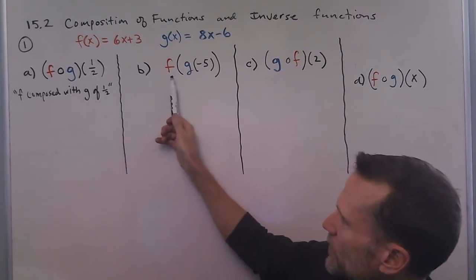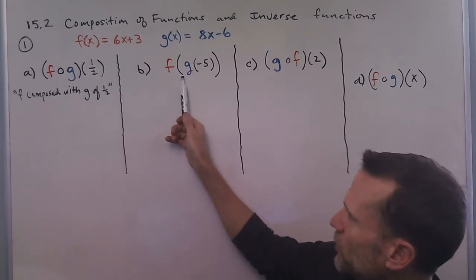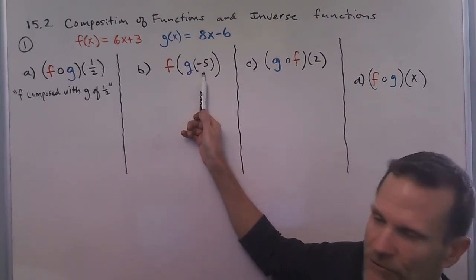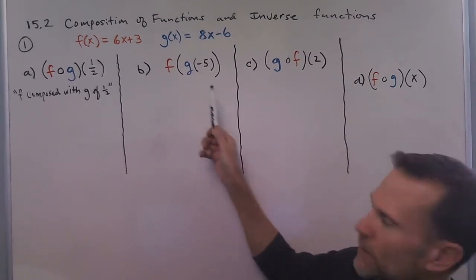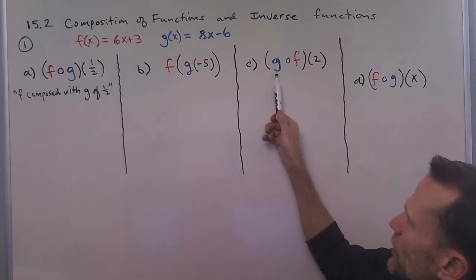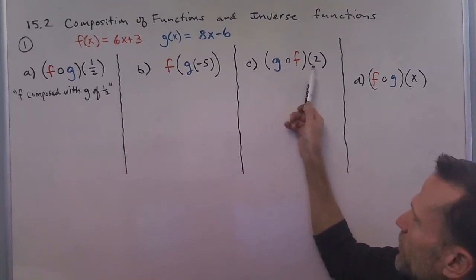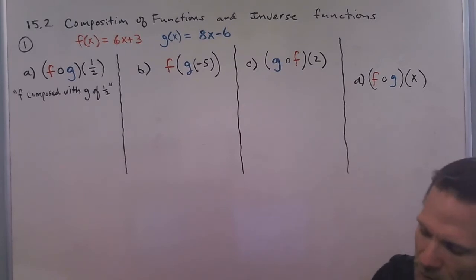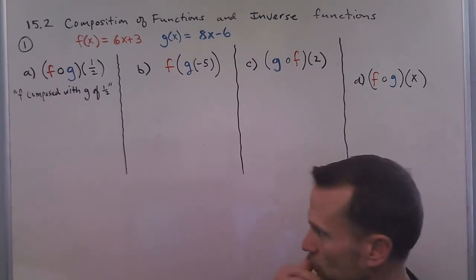So on this one, we'd say f composed with g of -5. So a slightly different way to write it here. And then this reads g composed with f of 2, and f composed with g of x. And we'll see how we do this composition function here.